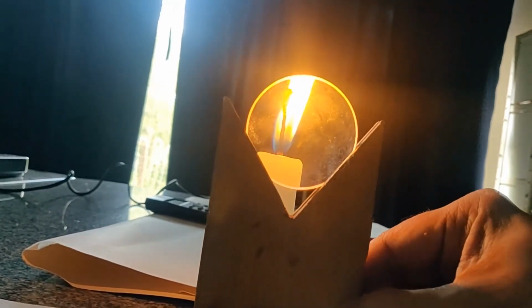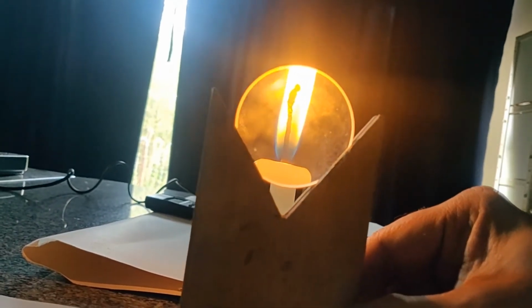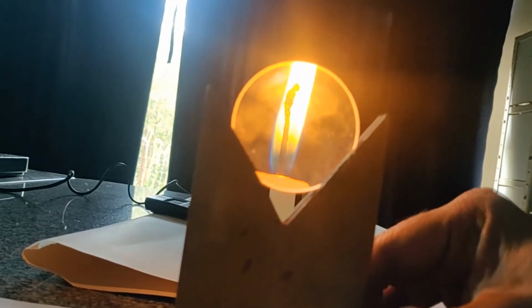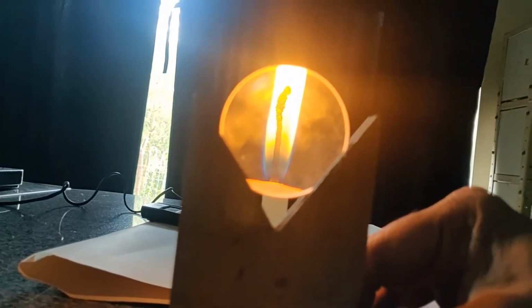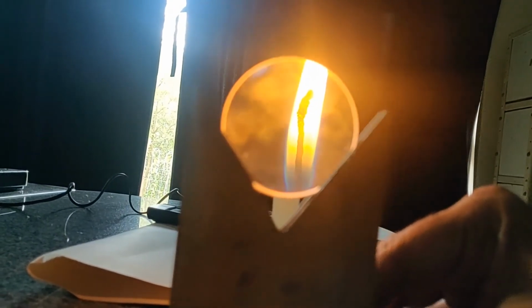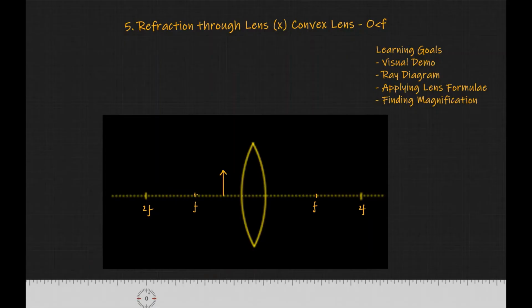But as you bring it back towards the focus, let's say in this case the focus is 10 centimeters, as you bring it to the 9 or 9.5 centimeter mark, you will see that the virtual image formed is really magnified. You can even see the thread in the candle, how it's burning.